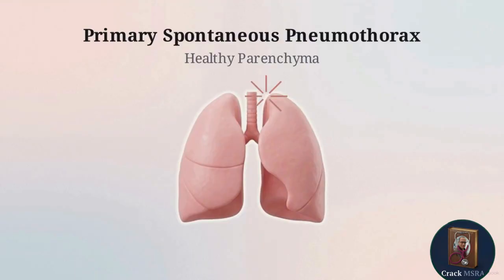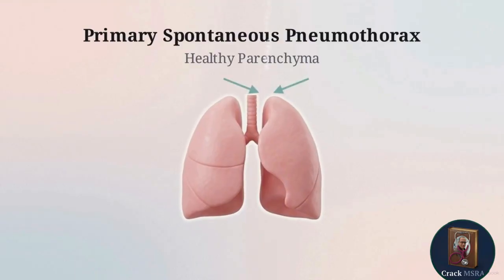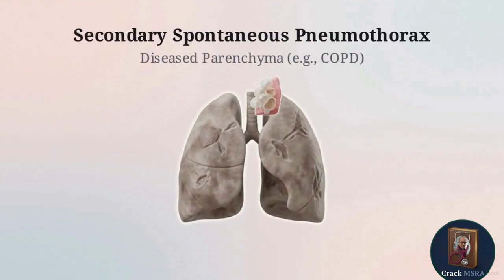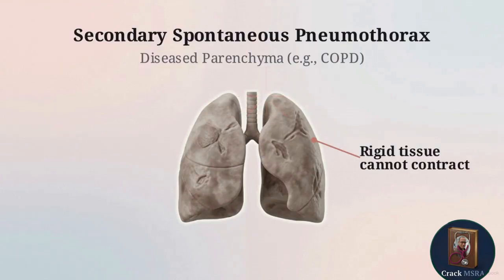When a small bleb ruptures, the surrounding healthy tissue can contract and seal the breach, often allowing the lung to heal on its own. A secondary spontaneous pneumothorax occurs in a lung already weakened by diseases like COPD or fibrosis. This diseased tissue lacks the elasticity to close a leak. When a bulla ruptures, the defect remains open, causing a persistent air leak.